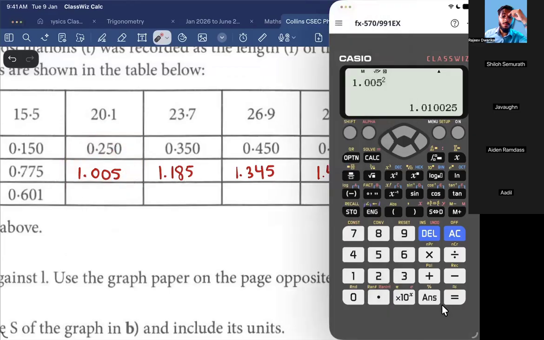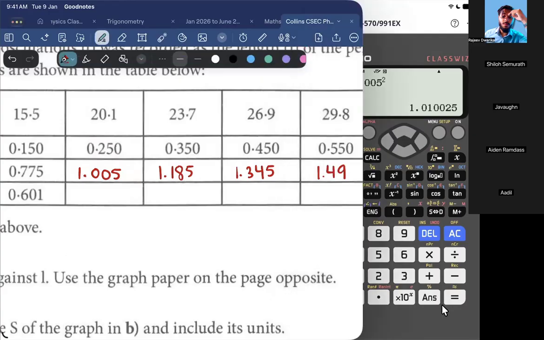So we're going to round it off to 3 decimal places, because that's the degree of accuracy. So what will that be? If I round it off to 3 decimal places, what will that be? 1.010. Correct, 1.010.